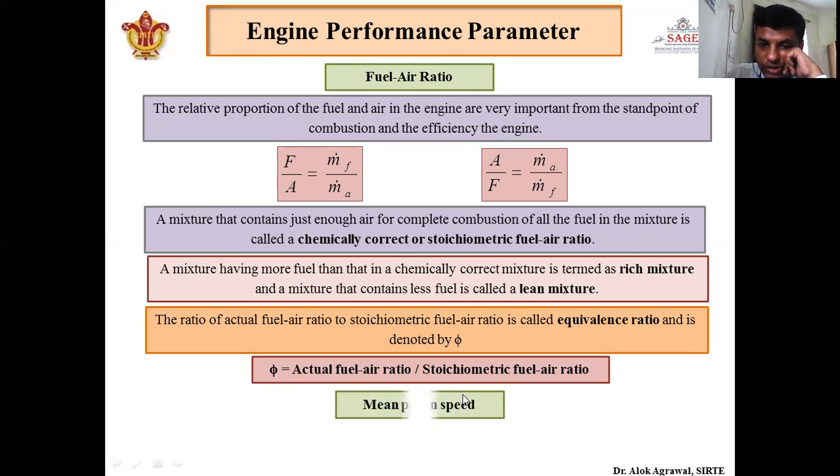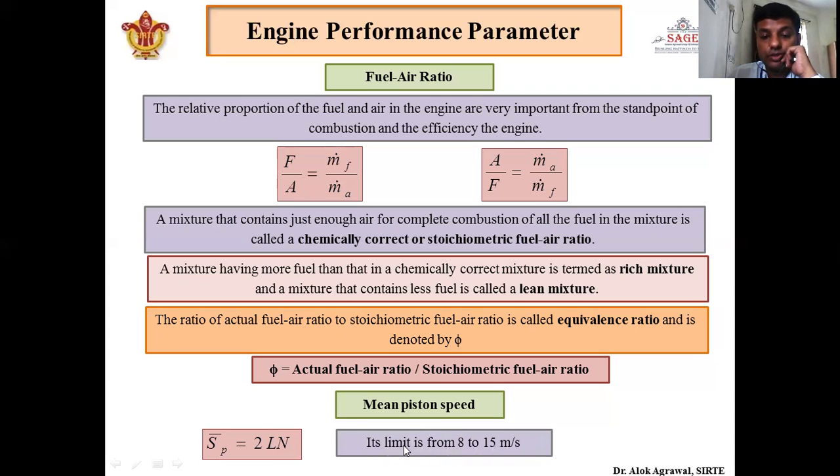Now, the mean piston speed is sometimes very important for solving a numerical. Mean piston speed is the product of stroke length and N, that is the number of revolutions, rpm.